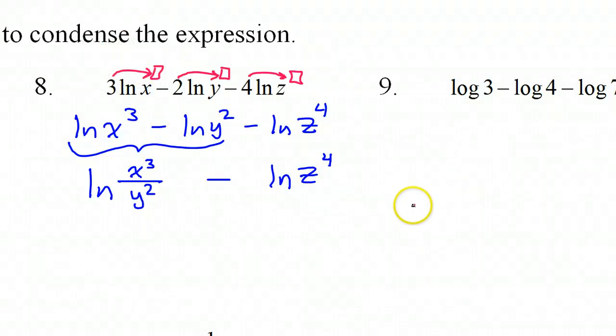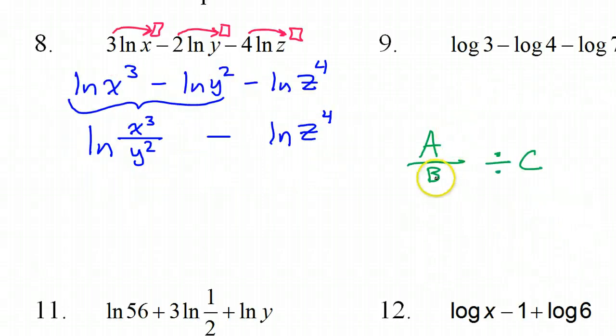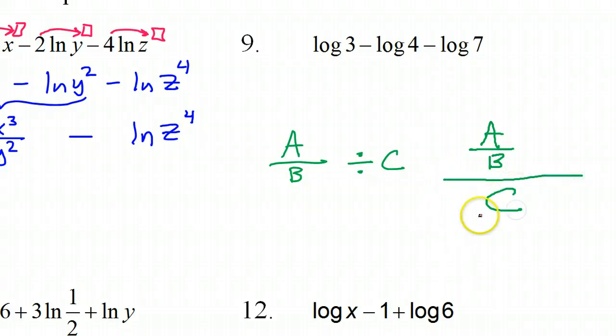If I already have a fraction a over b, and I suddenly want to divide by another number, so a over b divided by c, either way you want to look at it, if you divide a fraction by another number, this new thing you're dividing by is just going to become another factor in the denominator.